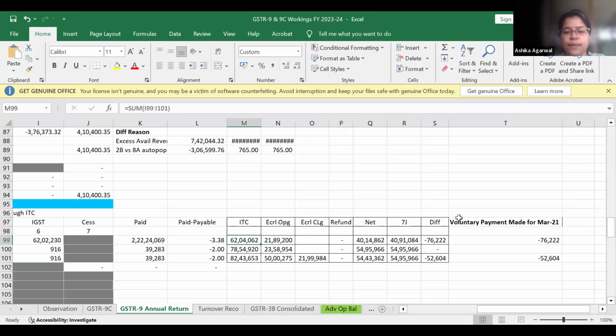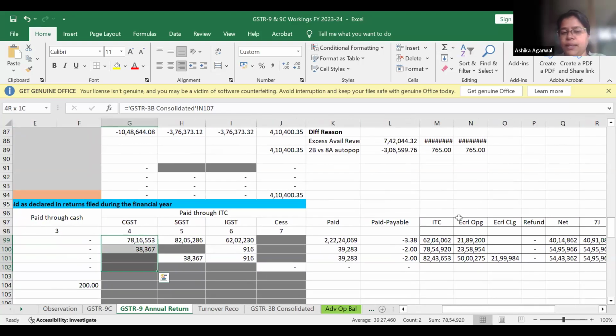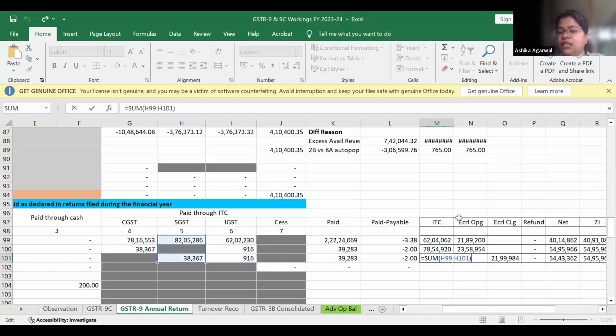Like in this case, based on 7J, based on paid through ITC. Now, based on 3B, I will come to know under which head, each head, how much ITC I have availed and utilized toward my tax payment. So I came to know that IGST, I utilized this much, CGST, I utilized this much, SGST, I utilized this much.